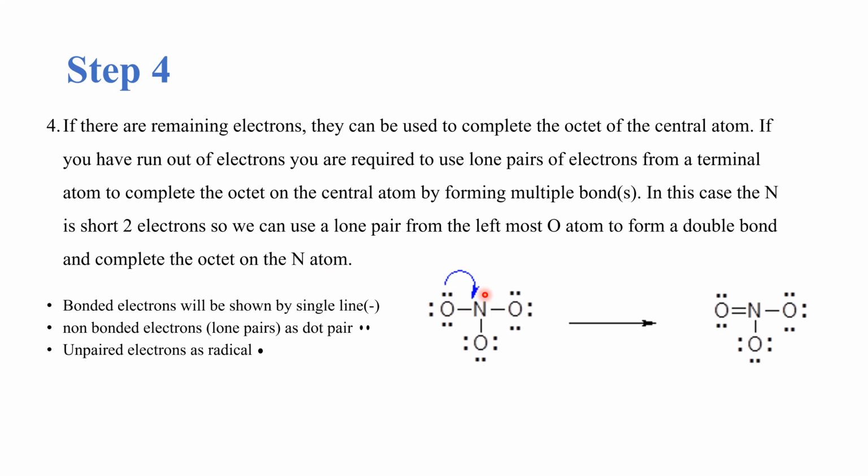So it can take back that lone pair and make an extra bond with that oxygen. So here you can see that we locate this electron pair to the nitrogen, and there is a double bond, the multiple bond, formed between the nitrogen and the oxygen, right?